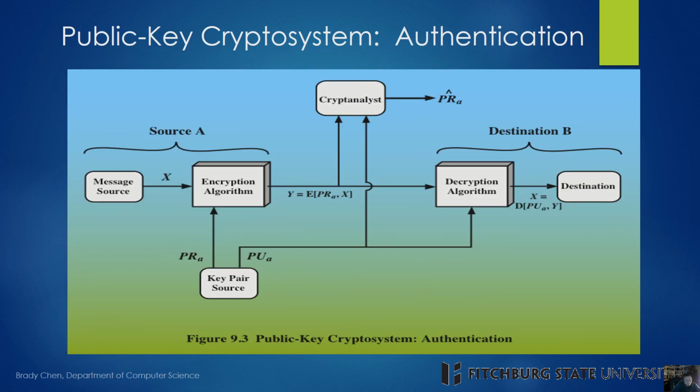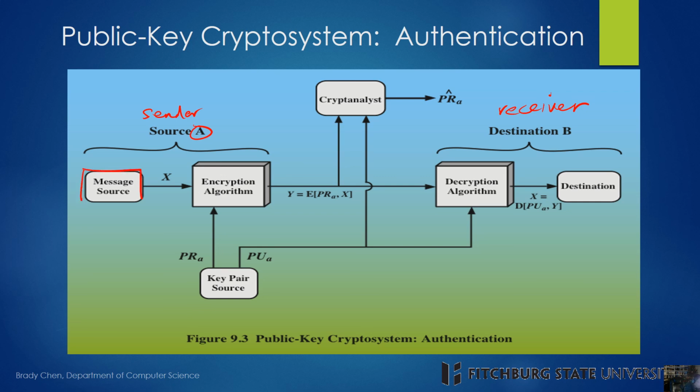Now here's another scenario. That's authentication. Again, we have a sender, which is the source, called source A, and the destination, the receiver.